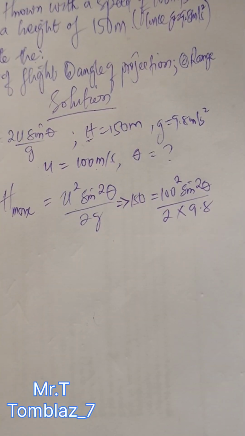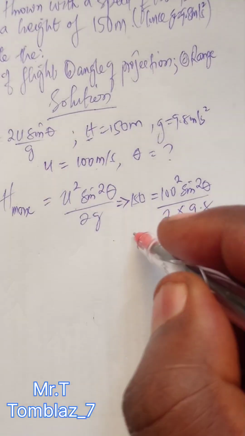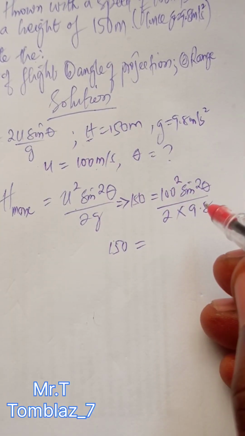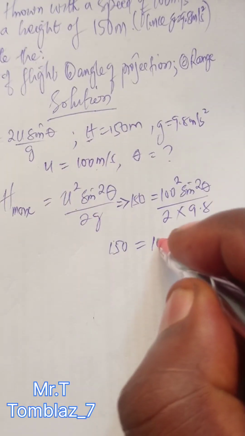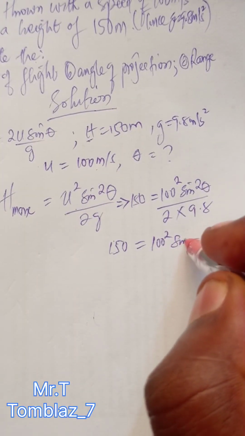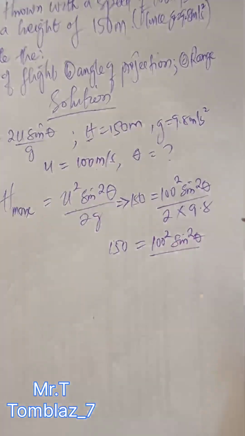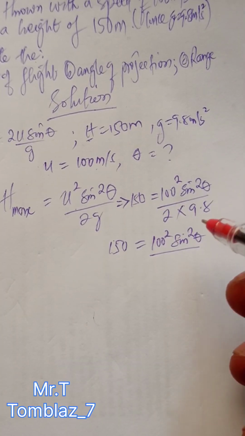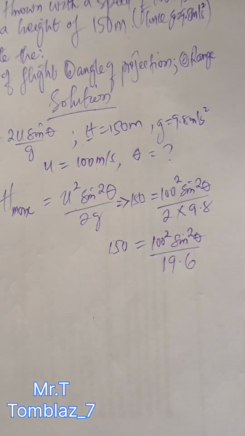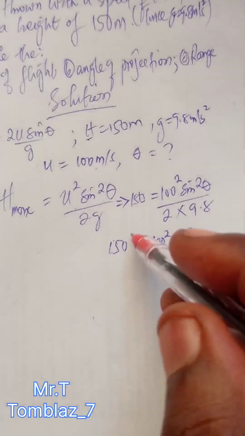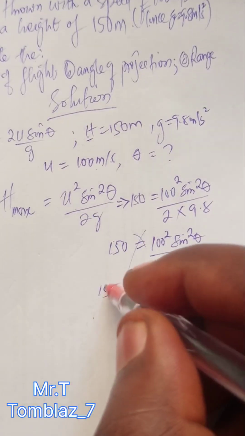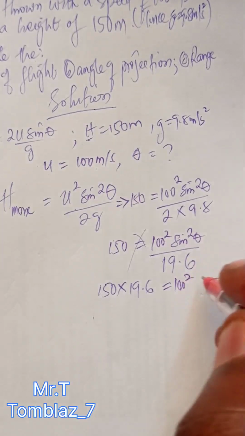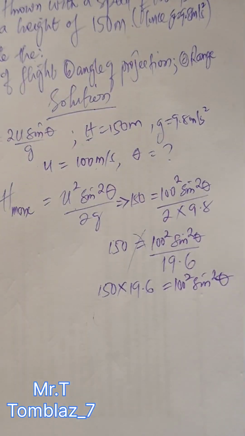Let's just keep 100 squared like that so that we don't have two large numbers. 2 times 9.8 gives us 19.6. Let's cross multiply, so we have 150 times 19.6 equals 100 squared sine squared theta.